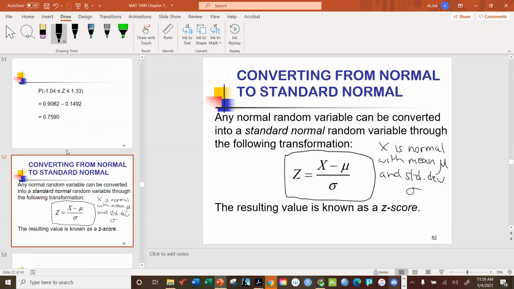But here's what makes this so interesting. If I take X and subtract its own mean and divide by its standard deviation, the result is a standard normal random variable, which we sometimes think of as a z-score. So if I have a case like this, where X is not standard normal, I can still use my charts, but first I have to make this conversion. Then I'm all set.